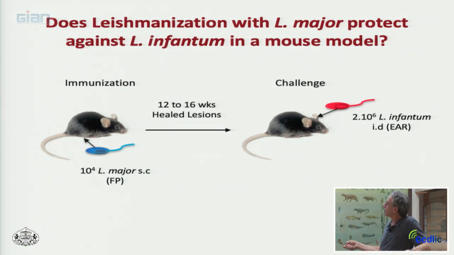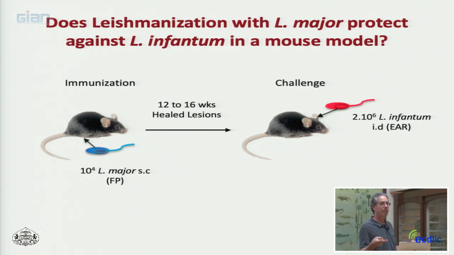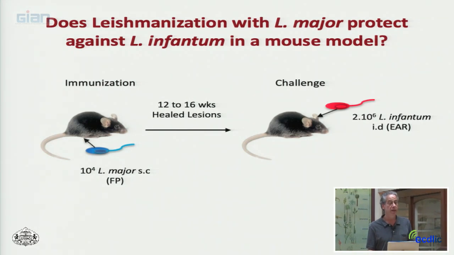We immunized with Leishmania major in the foot pad, and then we challenged in the ear with a visceral strain, Leishmania infantum from Spain. If you put a lot of parasites in the ear, they will visceralize, and you get some infection in the liver and spleen. It's not progressive leishmaniasis.